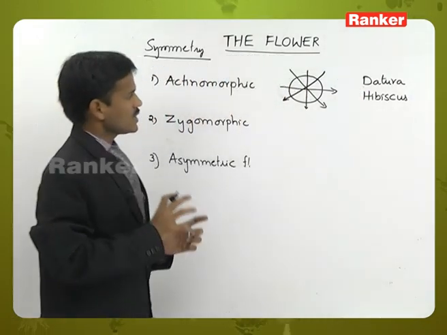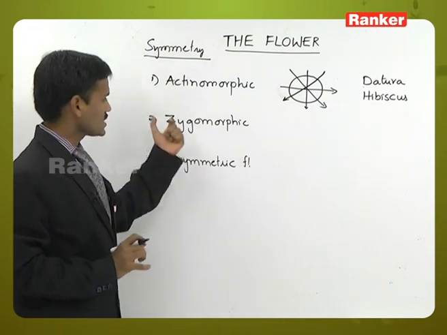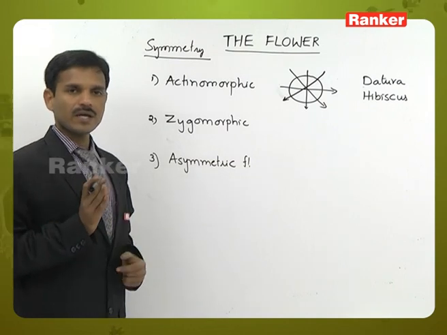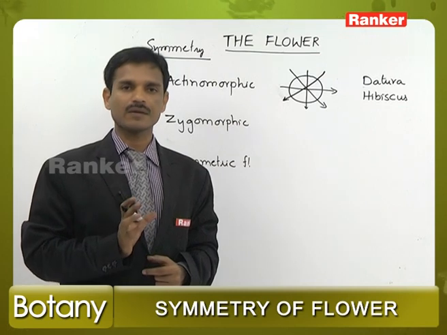Okay, these are some flowers showing this type of actinomorphic symmetry and zygomorphic symmetry. Zygomorphic symmetry means here the flower can be cut into only two equal halves by a single plane.